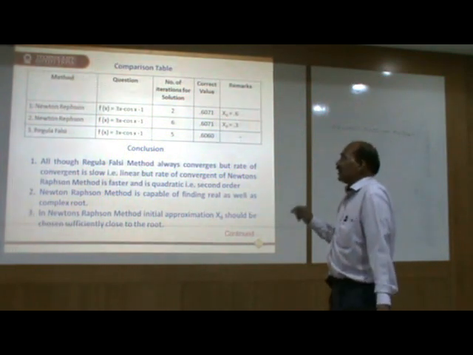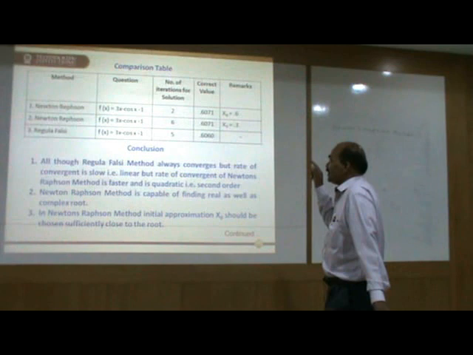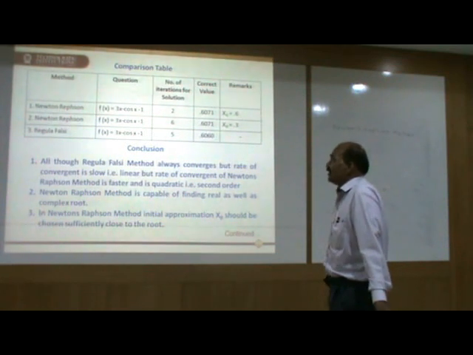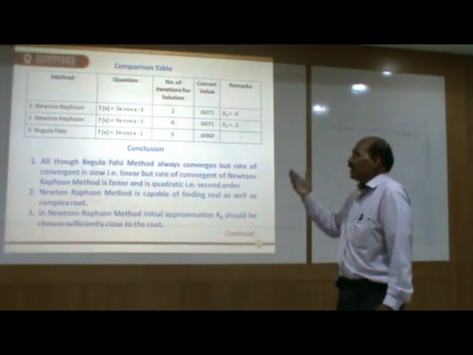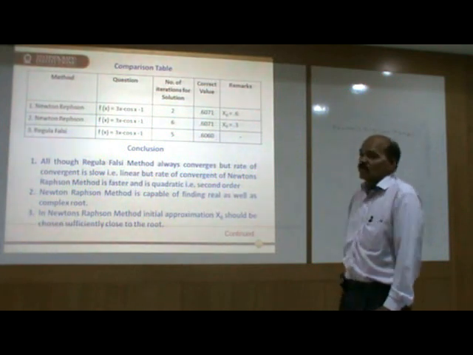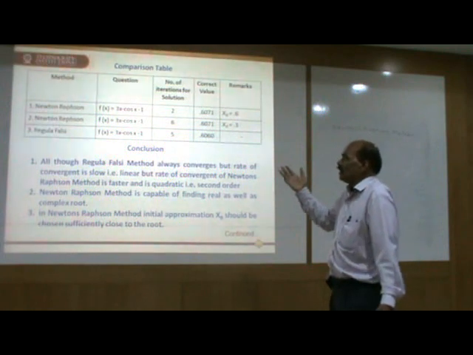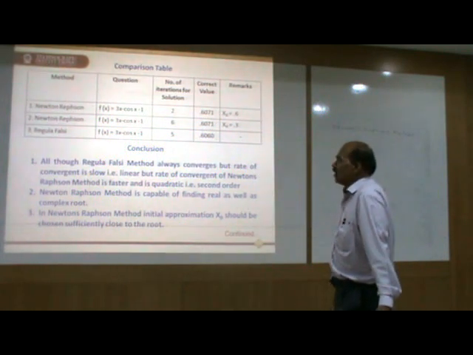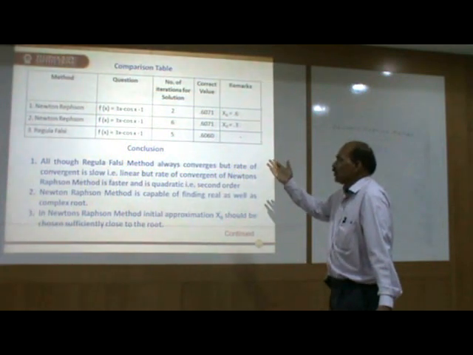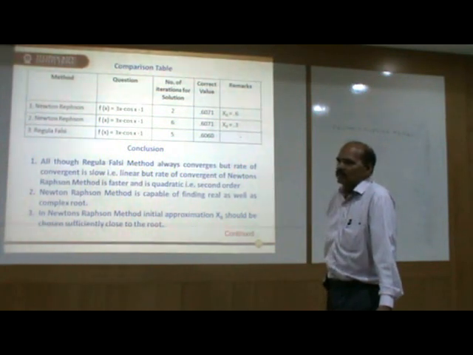And if x0 is chosen as 0.3 in the same Newton's Raphson method, then the number of iterations will be more and we will require 6 iterations, and that is time consuming. And in the case of regula falsi method, the number of steps required to get the solution was 5.